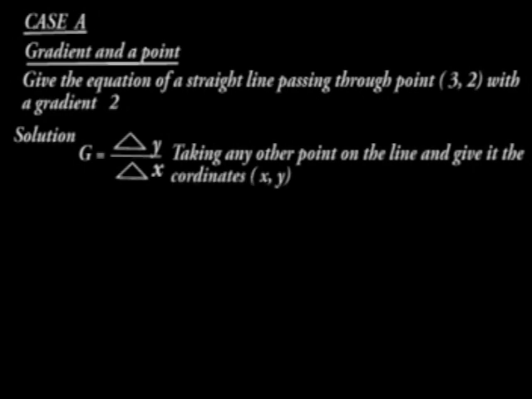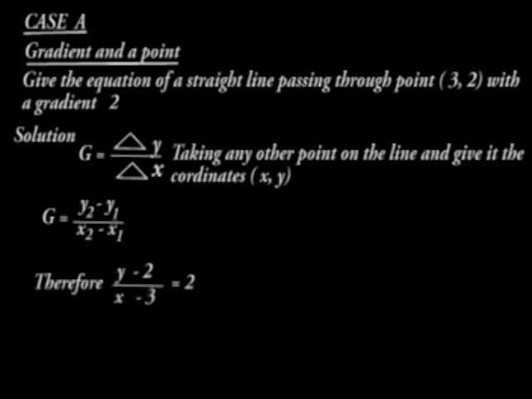Taking any other point on the line and giving it arbitrary coordinates x, y, gradient is y2 minus y1 over x2 minus x1. Therefore, we can have y minus 2 over x minus 3 is equal to 2. If we do cross multiplication, we'll end up with the equation as y is equal to 2x minus 4.